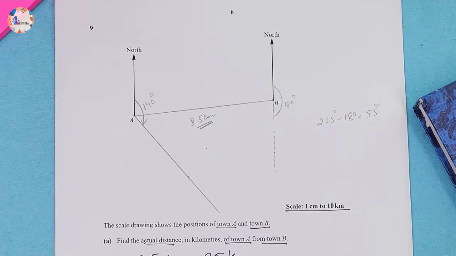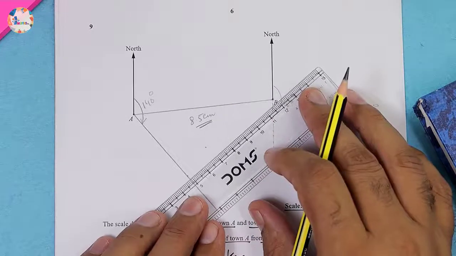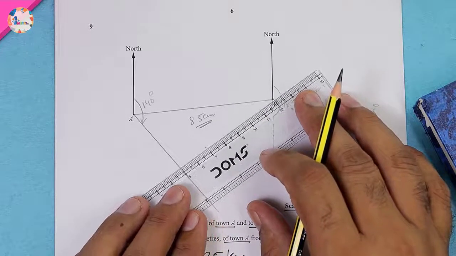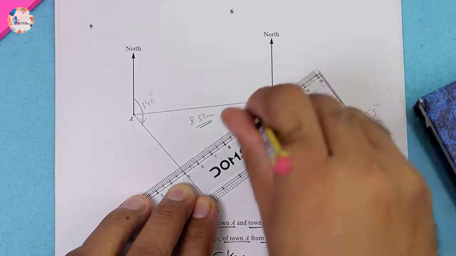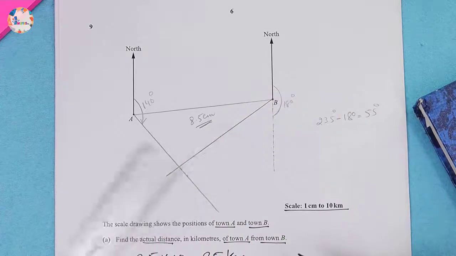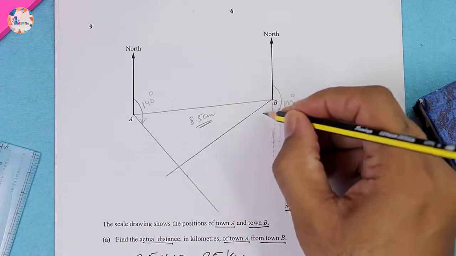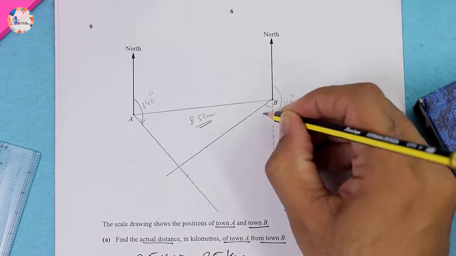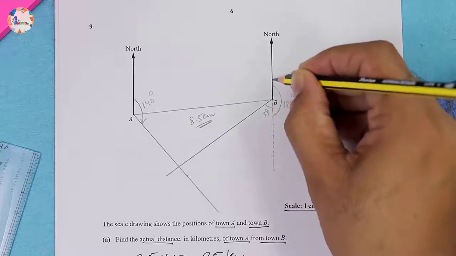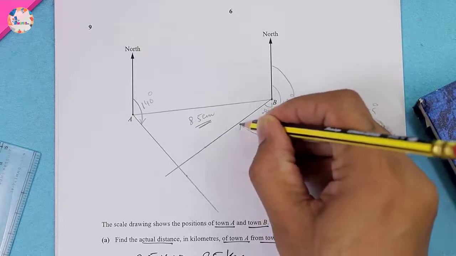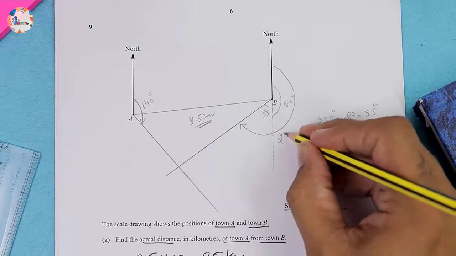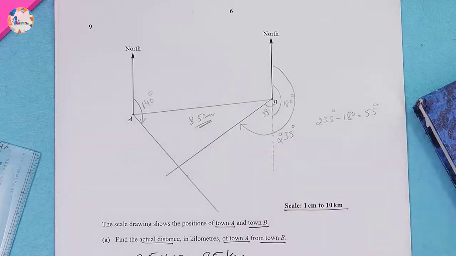Now we can draw this line, and this is basically the 55 degree angle, and the total bearing from the north is 235 degrees.